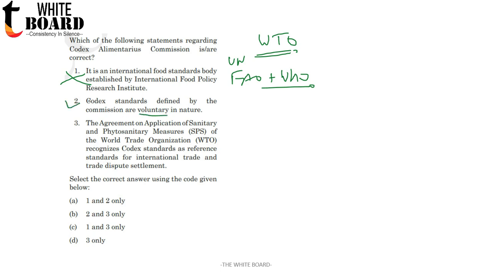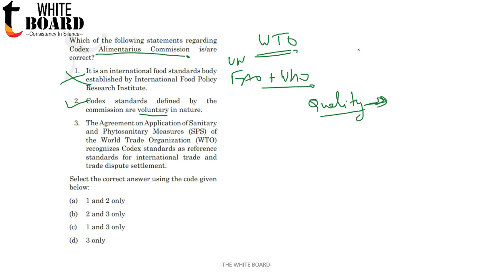So yes, under the WTO the countries are doing trade with each other. But who will satisfy that a particular imported or exported product is of quality? So there has to be some standards to gauge the quality of these products, and that's why the Codex Alimentarius Commission comes into the picture. It will give a specific standardization to the quality of imported as well as exported products.